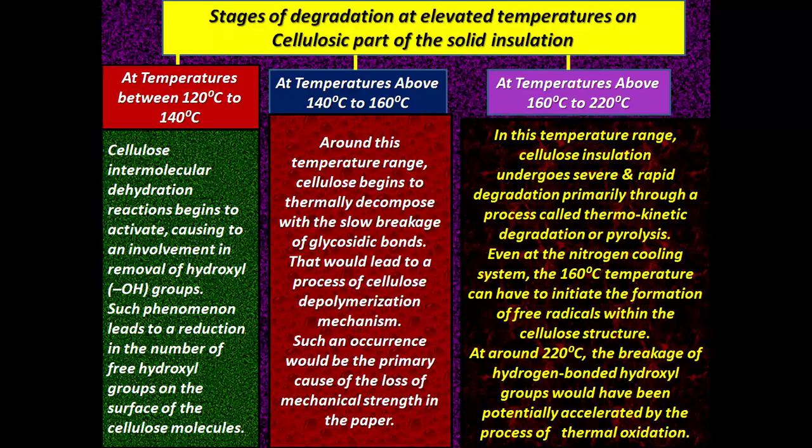At temperatures above 160 degrees centigrade to 220 degrees centigrade, cellulose insulation undergoes severe and rapid degradation, primarily through a process called thermokinetic degradation or pyrolysis.